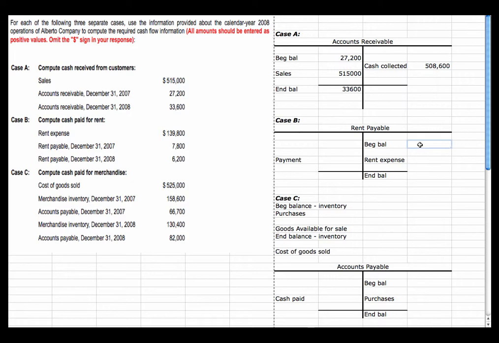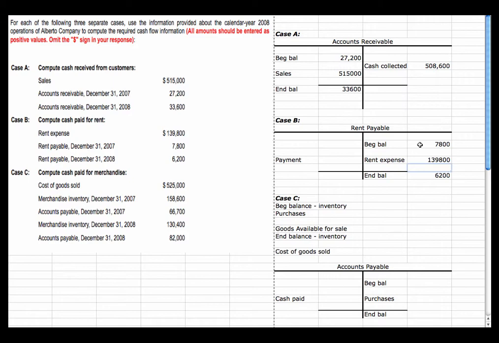So the rent payable balance on December 31st, 2007, once again the ending balance in 2007 is the beginning balance in 2008, is $7,800. The ending balance is $6,200. And the rent expense, which is the rent that we've incurred but haven't paid yet, is $139,800.